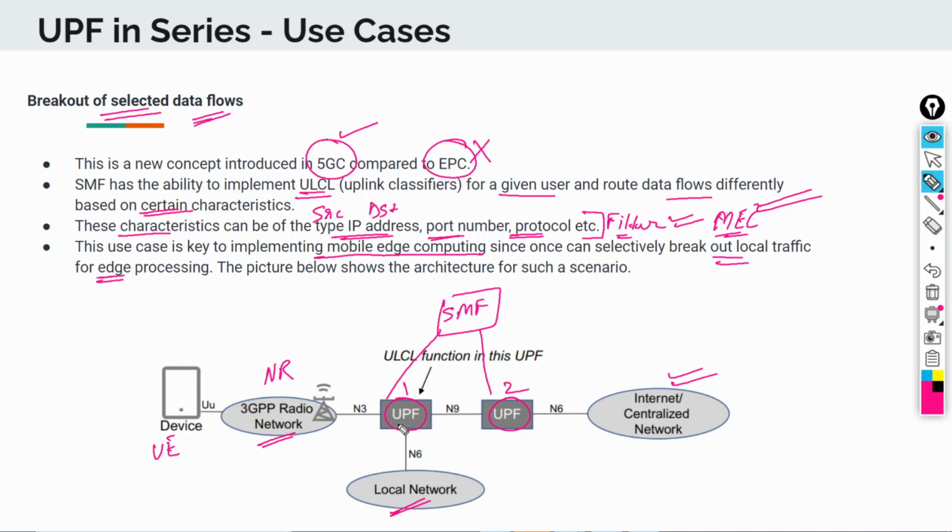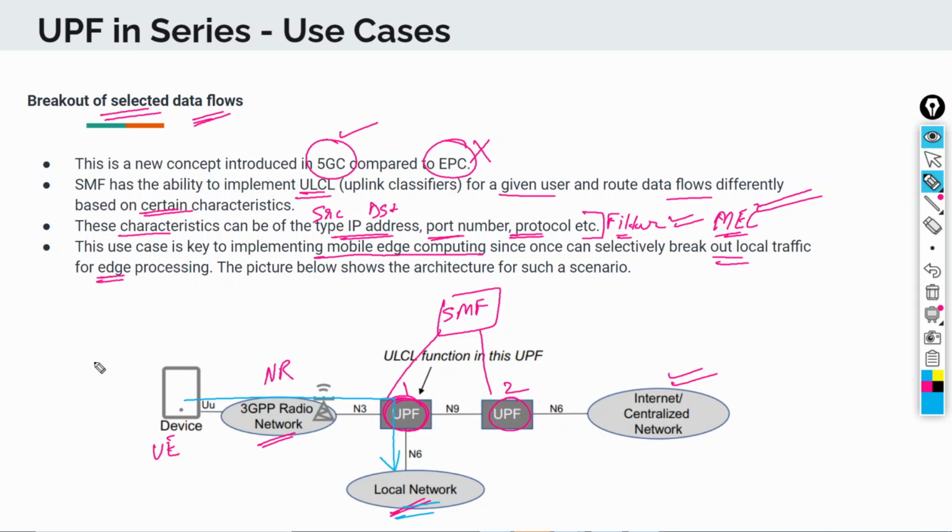With that capability, the user plane function UPF1 can break out certain IP flows for this subscriber and route them to your local network, which may be something like an on-premise network, rather than sending them to your centralized network.